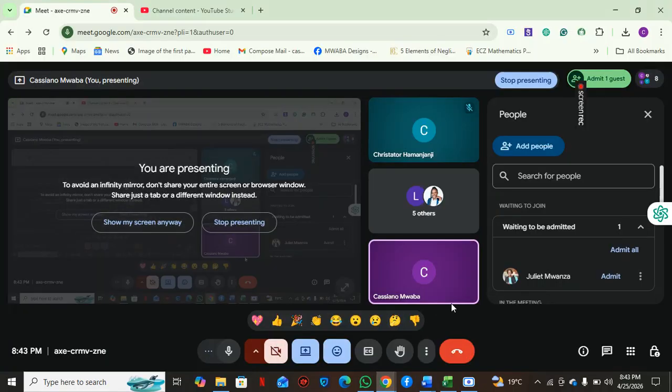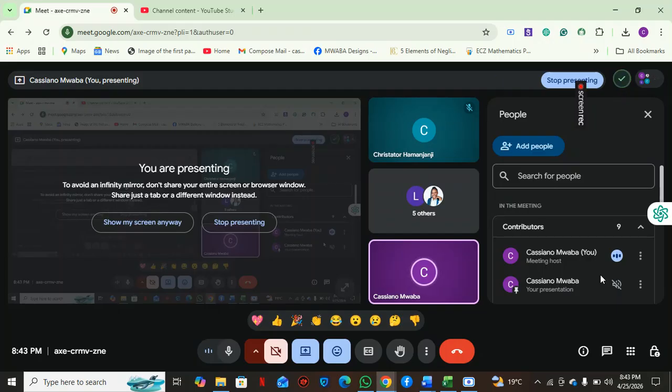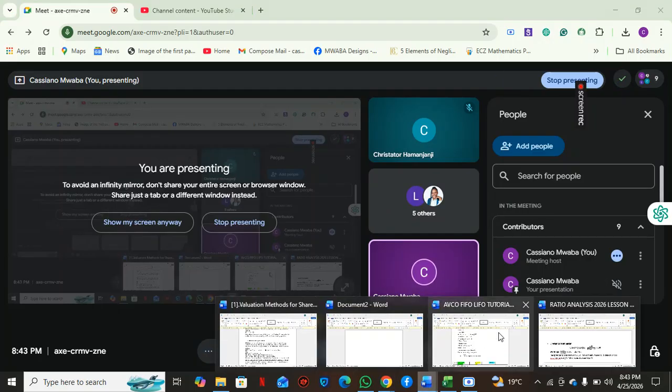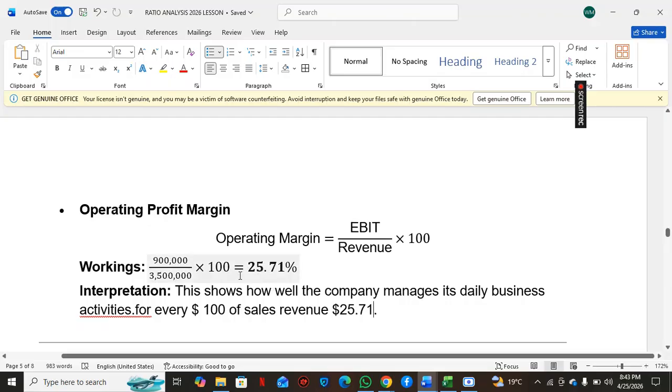Or the other way you can look at it, out of this 3,500,000 sales revenue, 25.71% of this 3,500,000 is your operating profit. So if you do 25.71% of 3,500,000, you're supposed to get 900,000.